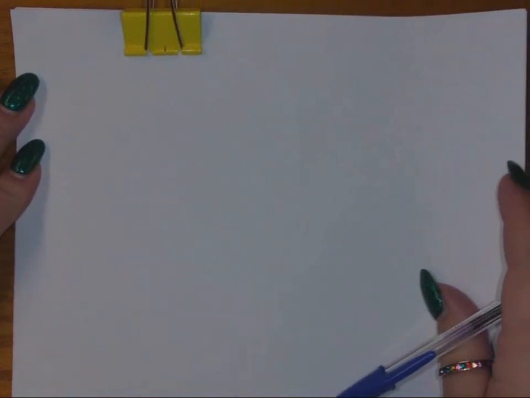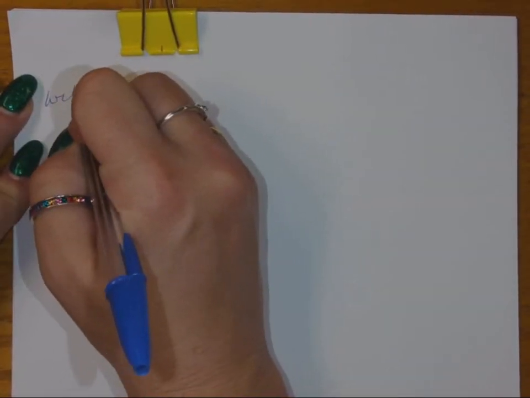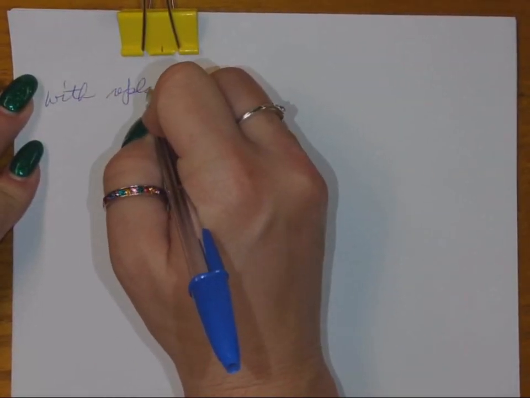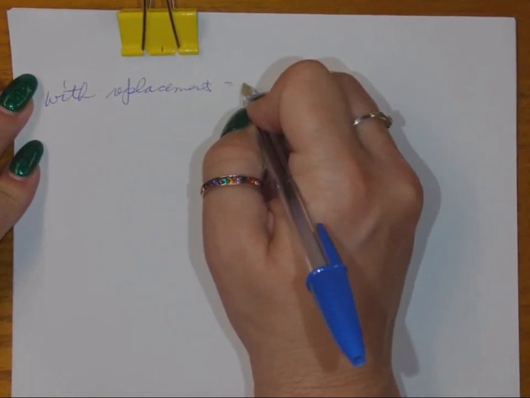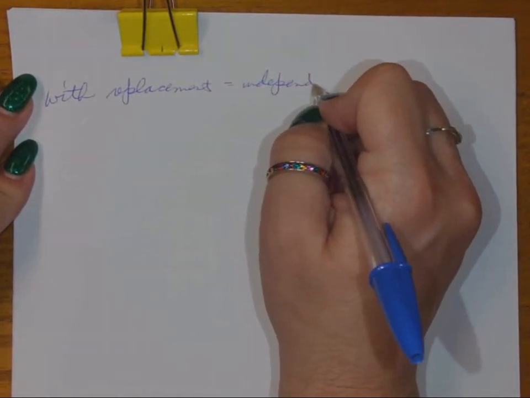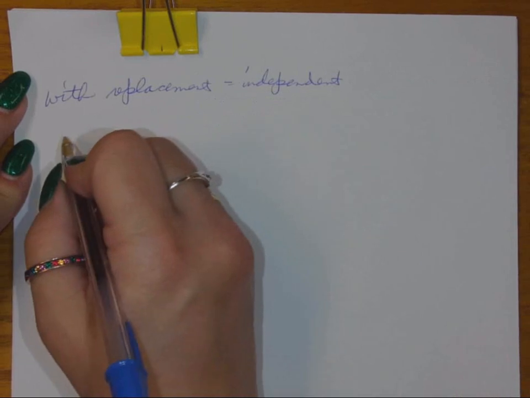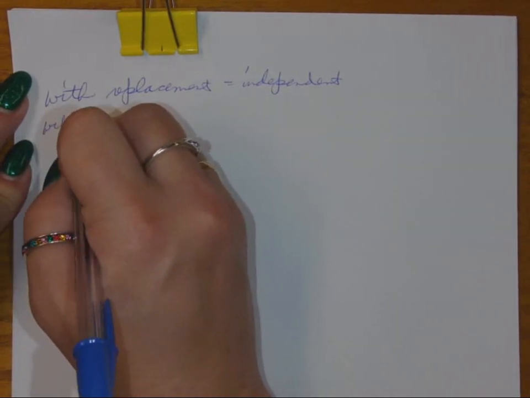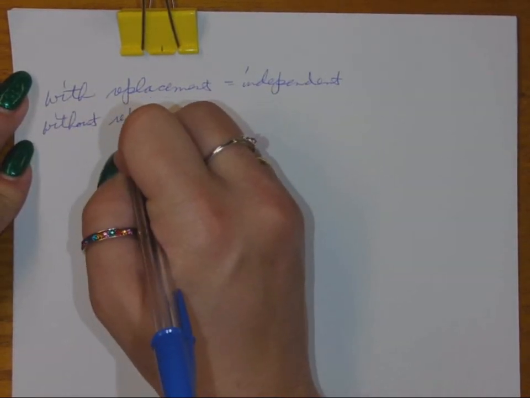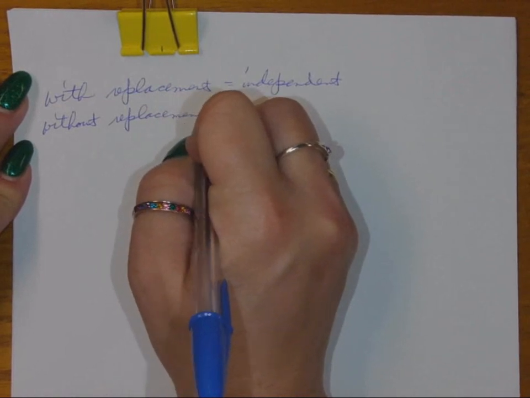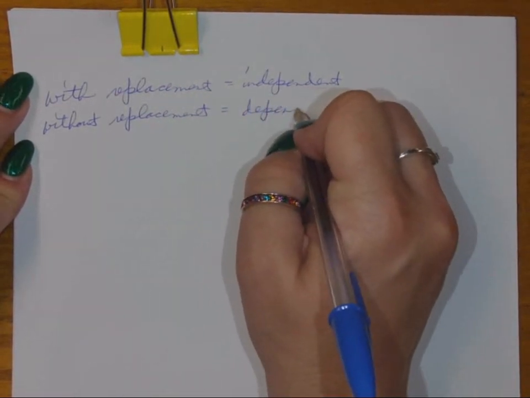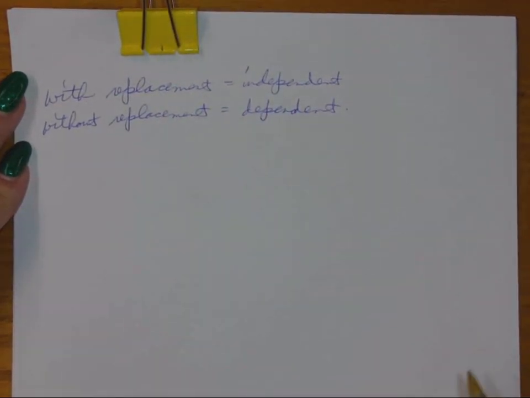Okay. With replacement, those things are independent. Without replacement, those things are dependent on each other. Those results are dependent on each other.